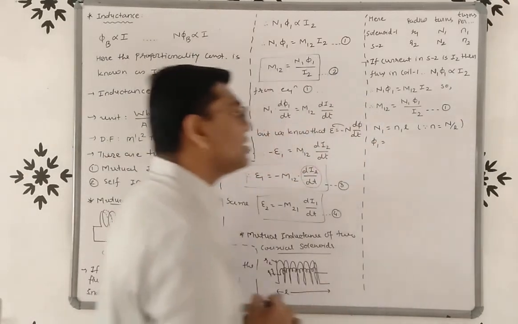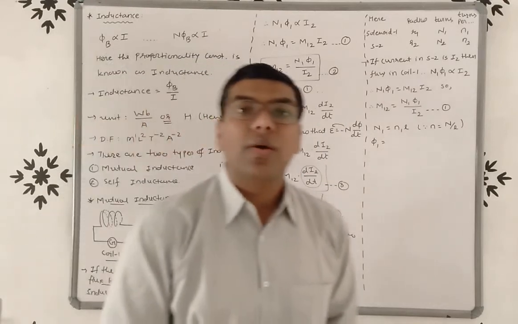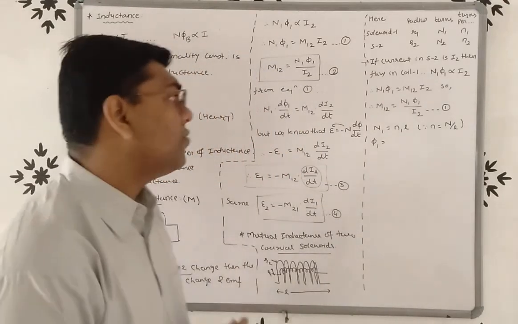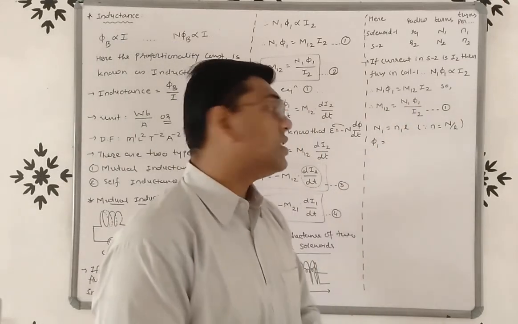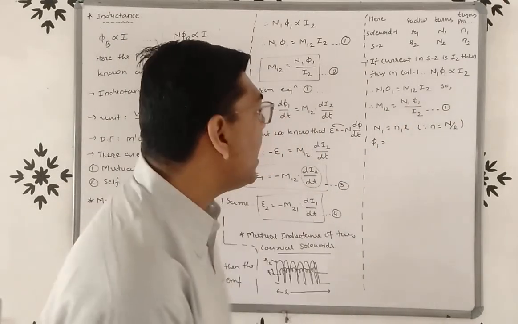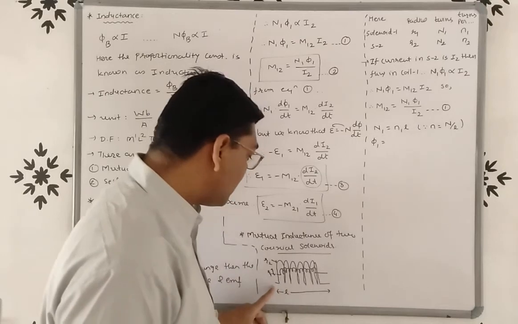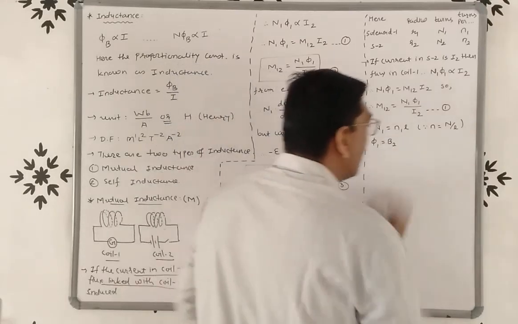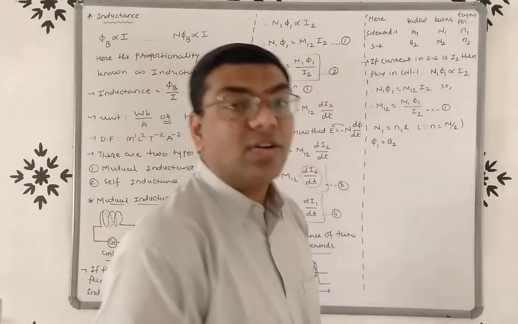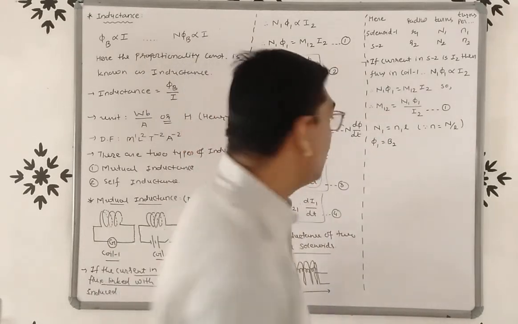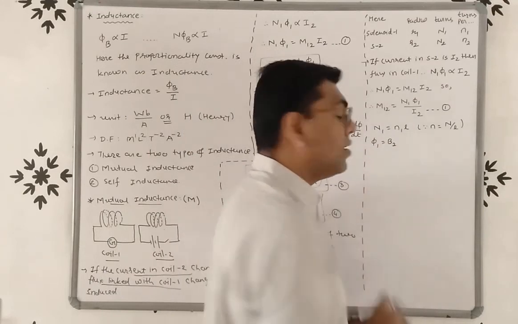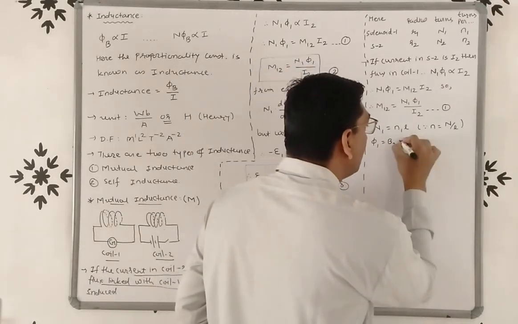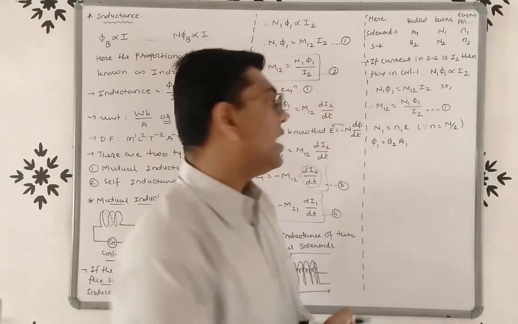We know that flux phi is equal to BA. Here the current is passing through coil 2, so we have to consider the field of coil 2, because the field is due to current. So phi 1 is equal to B2 into A1.